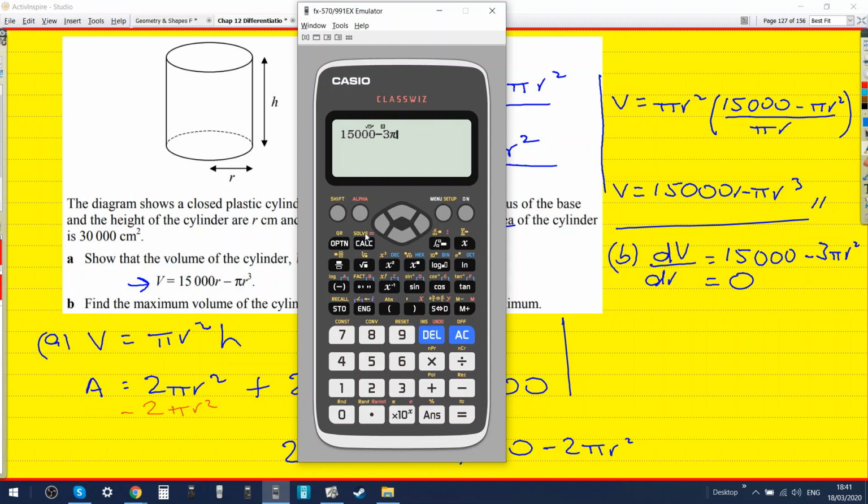So 5,000 equals pi r squared. Then 5,000 divided by pi equals 1,591. And then r is the square root of that, which is 39.894. Great.